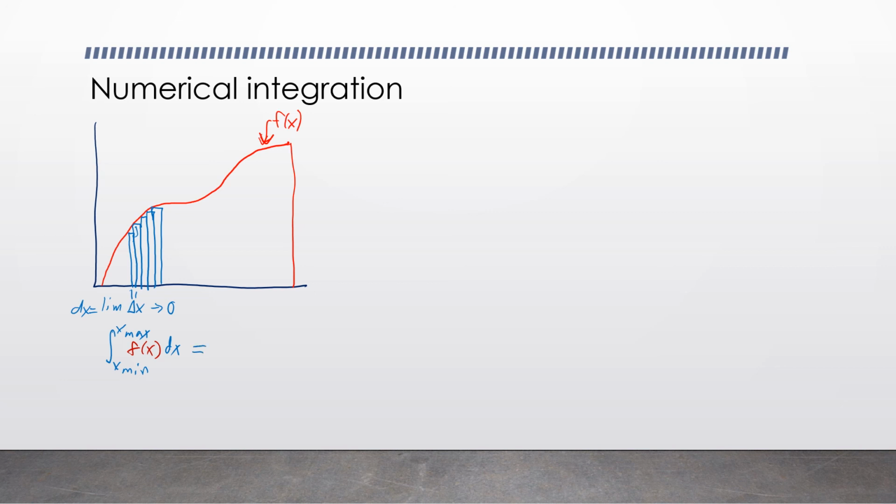For sufficiently small dx, this is approximately equal to the sum of f of x times delta x, from x min to x max.